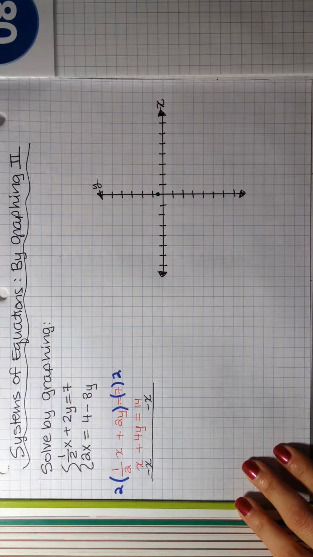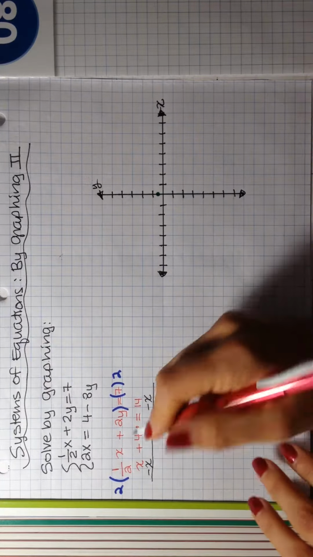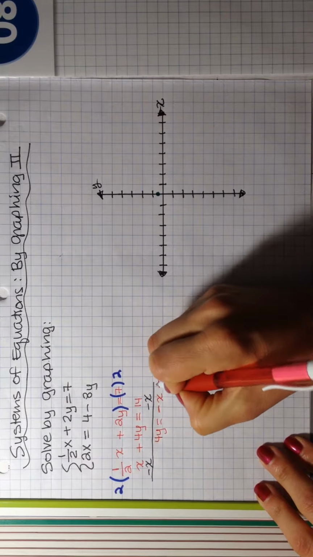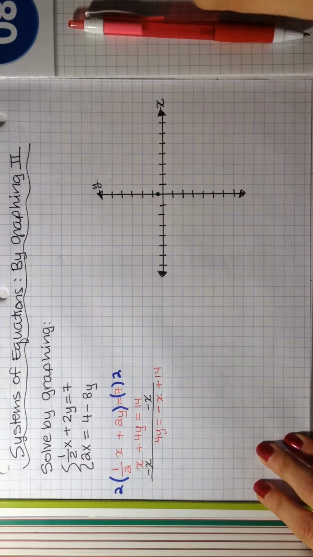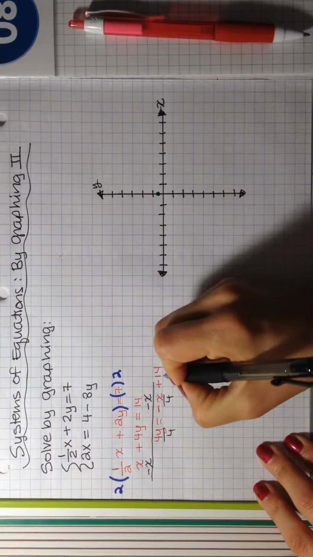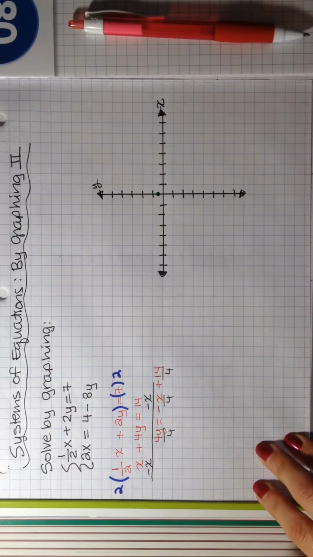And like I said, I like to write the x first, which gives us negative x plus 14. And then last step, what we're going to do is divide by 4. Make sure, again, you divide everything by 4.